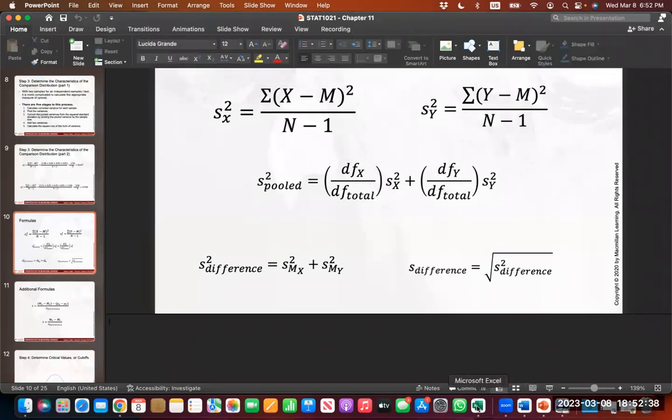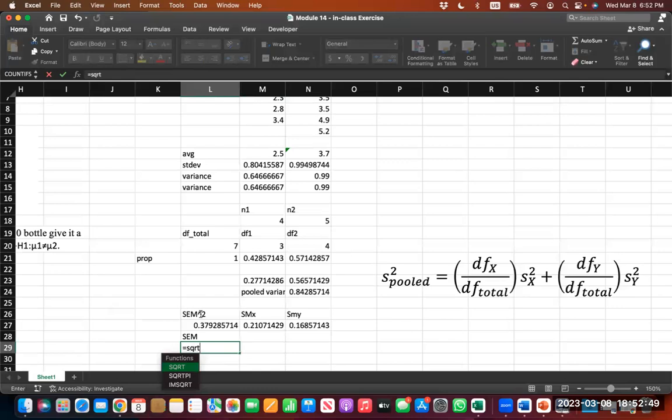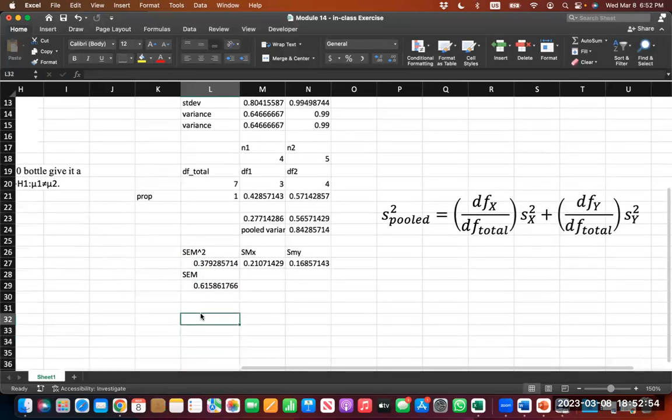So this is SEM squared. Now the SEM is basically this square rooted. This gives you a standard error of the mean of 0.61 or 62.